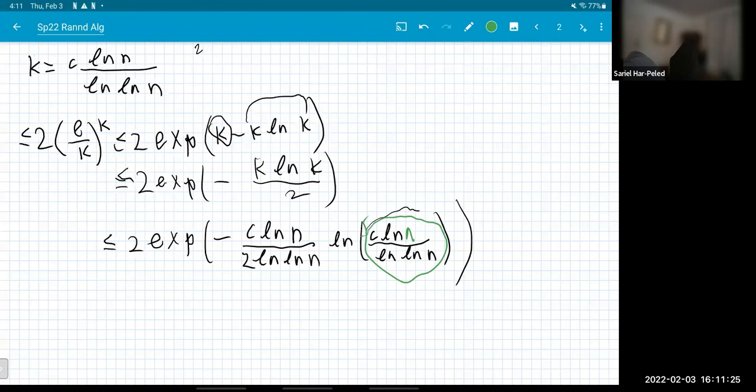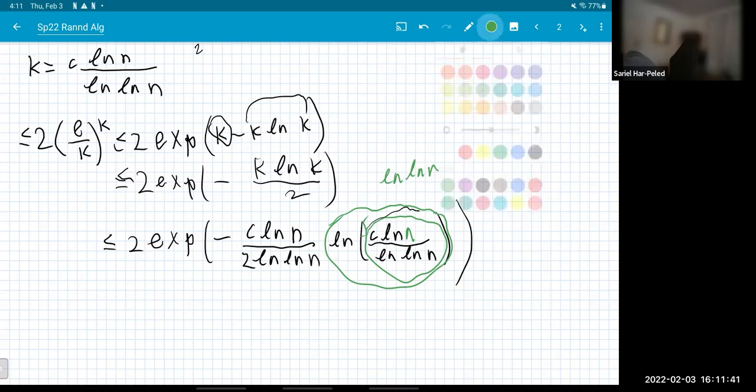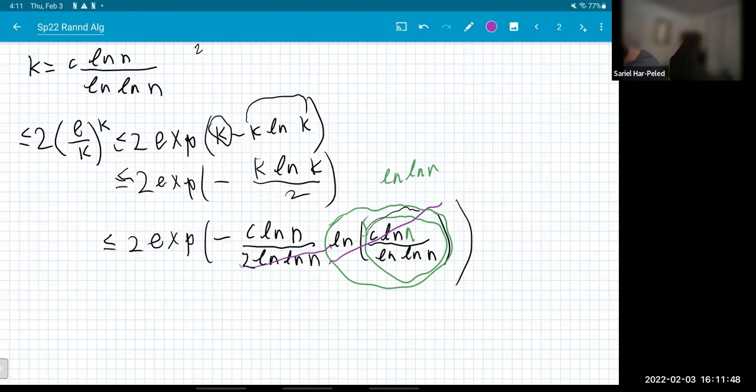Well, this is roughly ln ln N, and when you take the ln of it, you get this whole expression is roughly ln ln N. Okay, up to some small constants that don't matter, and as such, you can just cancel things out. So essentially, this cancels with this, right? And as such, again, N has to be sufficiently large. So this is really smaller than 2 exp of minus C ln N.